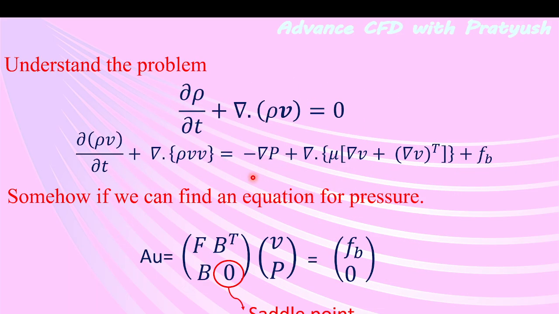So what I mean to say is that if we take the divergence of this term, this equation becomes zero. This equation becomes a mathematical identity, as you see in mathematics books, and this term becomes zero.